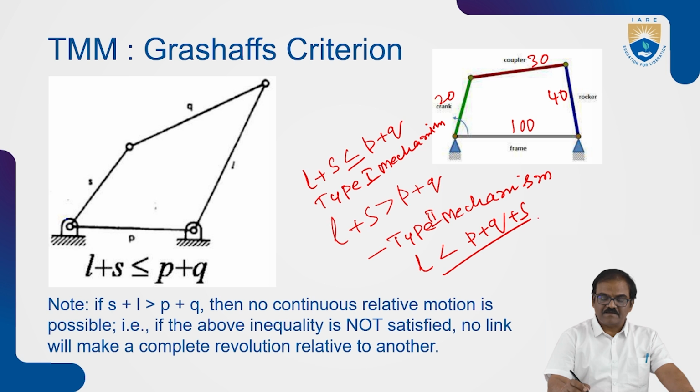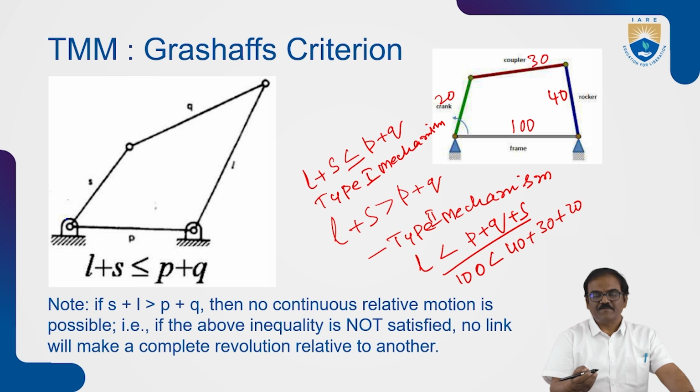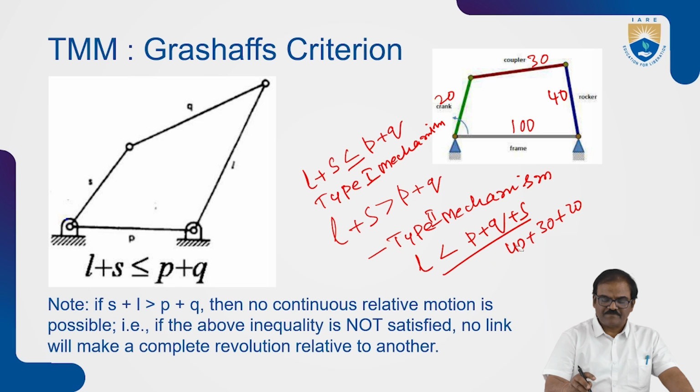Then we see whether 100 is less than 40 plus 30 plus 20, which is 90. So 100 is greater than 90. Therefore, under such dimensions, it is impossible to create any mechanism. Therefore, the longest link should be less than the sum of the other 3 links. That is the crux of this.